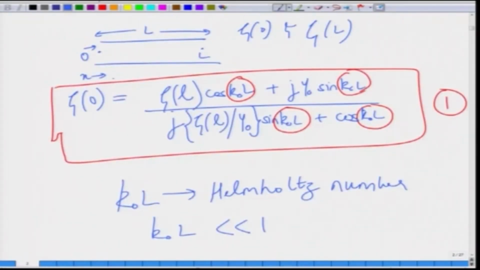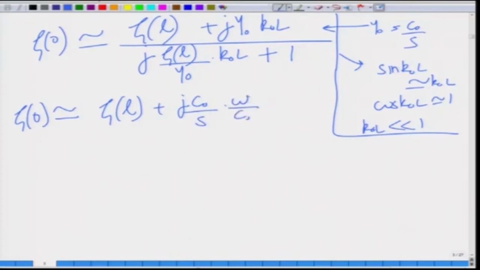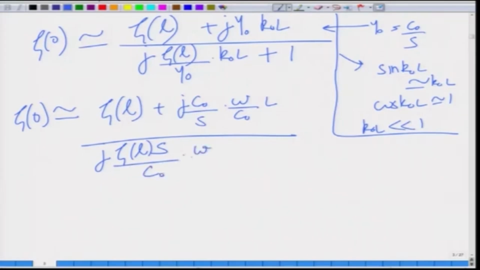All these simplifications are possible because of this, and when we further put this here, plus j C naught S into omega by C naught into L j times zeta at L, and here you get S and in the denominator C naught and omega by C naught into L plus 1.